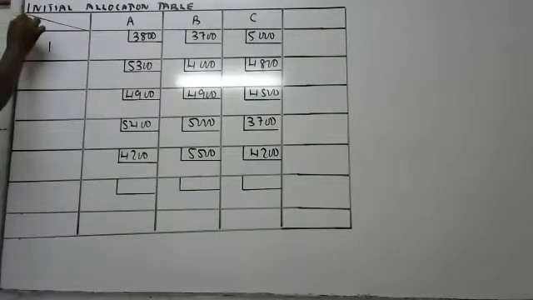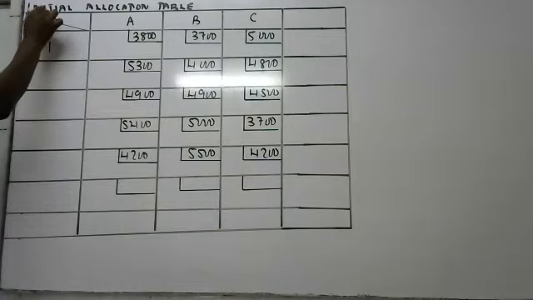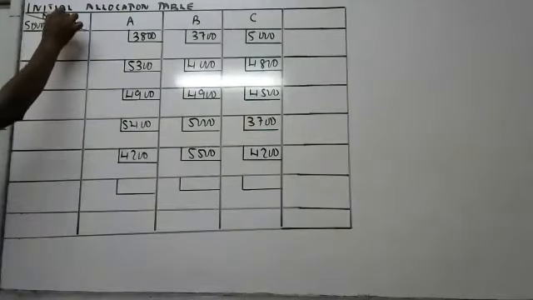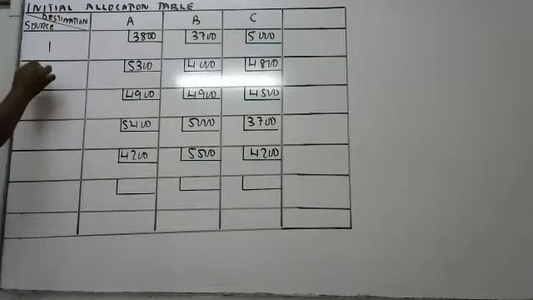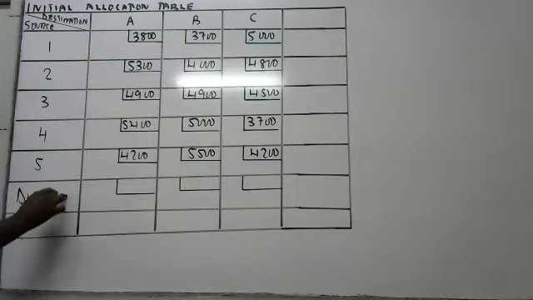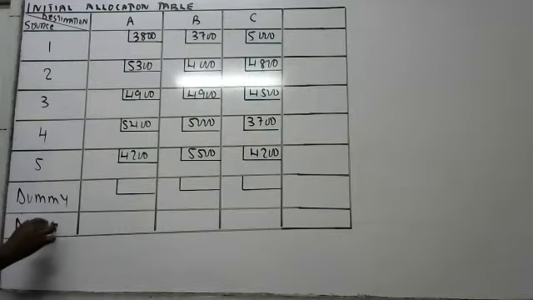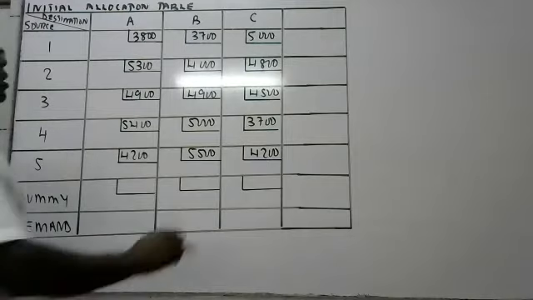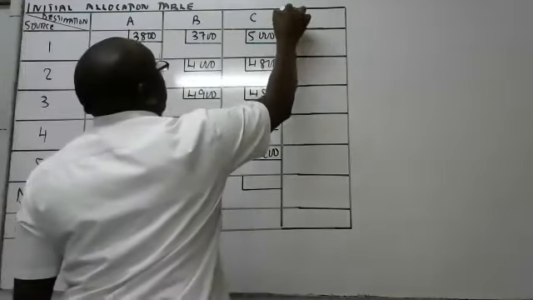So we have the source, and we have destination, 2, 3, 4, 5, and then this is a dummy. This is demand here. That's demand. Then this is supply.